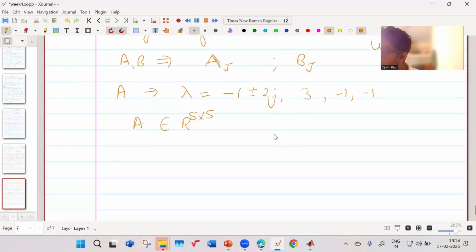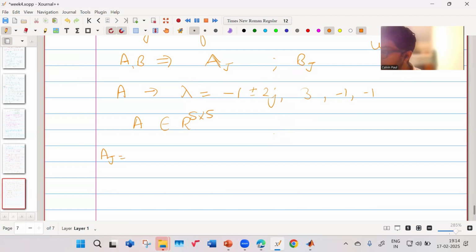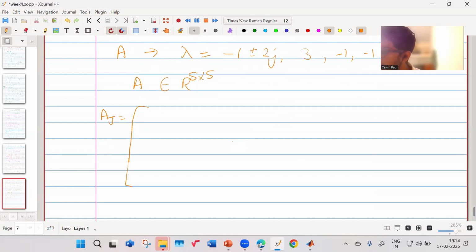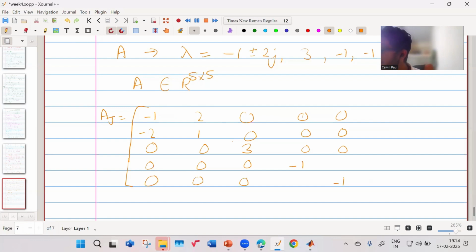All right. So my A Jordan form will be equal to, let me write it down, -1, 2, -2, -1, rest all elements 0. Then 3, and then -1 and here -1, with 0, 0, 0 elsewhere. Then this could be 1 and this could be 0, or this could be 0 and this could be 1.